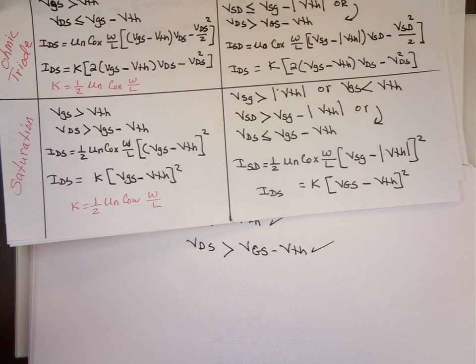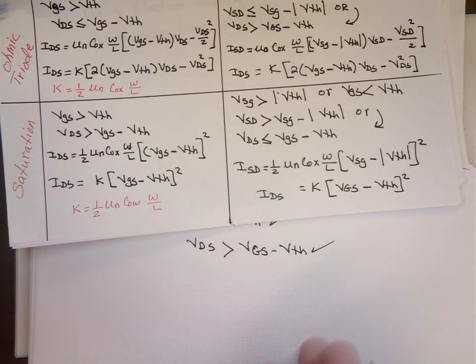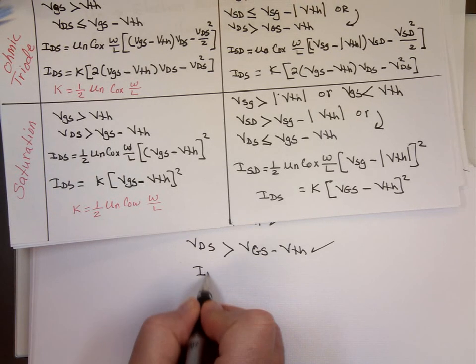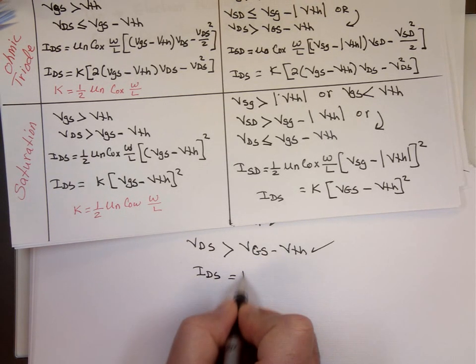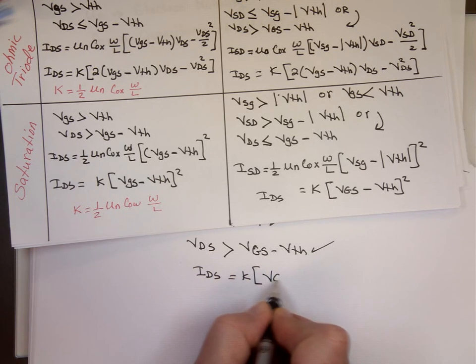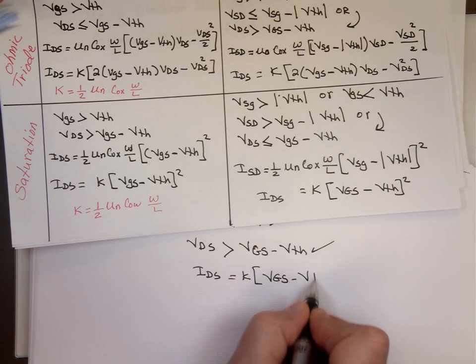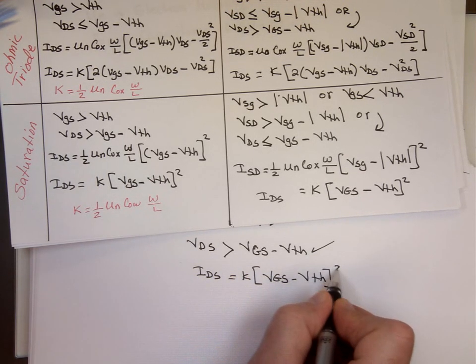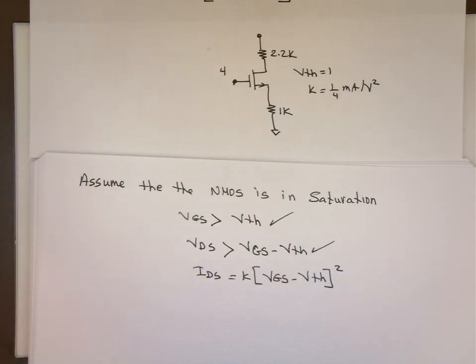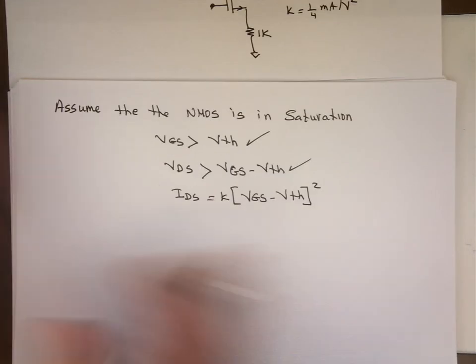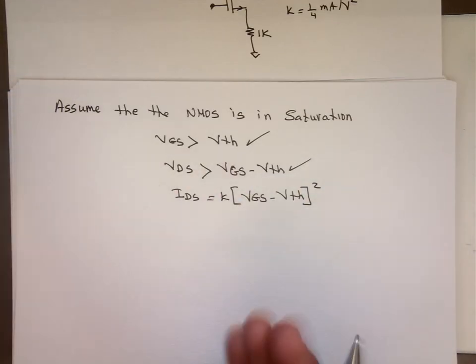And if I assume I am in saturation, that means my current I sub D is going to be K times VGS minus the threshold voltage squared. And if I fail that, then I'll try the ohmic region, see if that's the case.